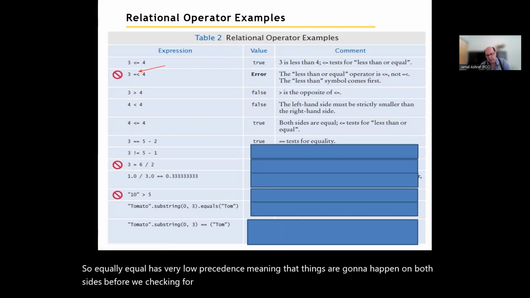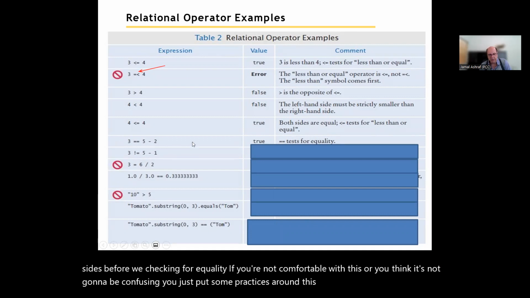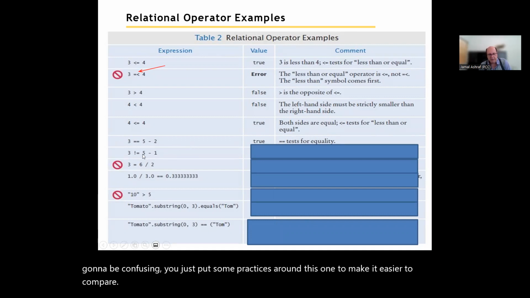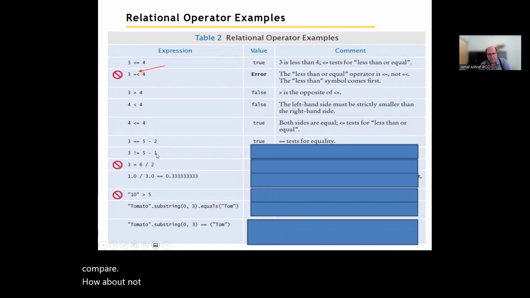If you're not comfortable with this, or you think it's going to be confusing, just put some parentheses around it to make it easier to compare. How about not equal? 5 minus 1 is going to give me a 4. And we are asking if 3 is not 4.